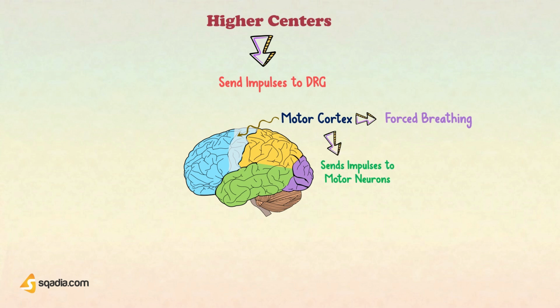The cerebral motor cortex sends impulses to the motor neurons, causing stimulation of respiratory muscles. This bypasses the medullary centers. Well, holding the breath is a limited function, and this is because the brainstem respiratory centers automatically reinitiate breathing once carbon dioxide levels in the blood become critical.